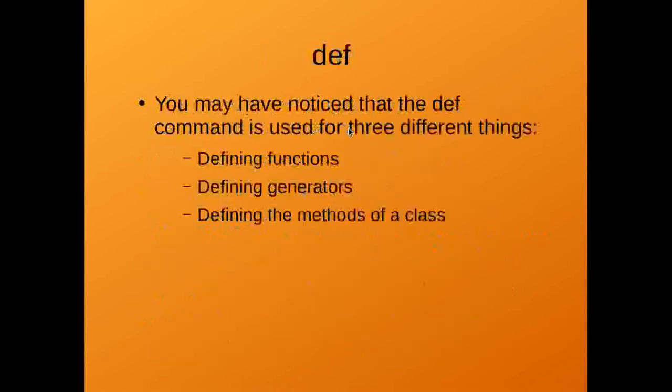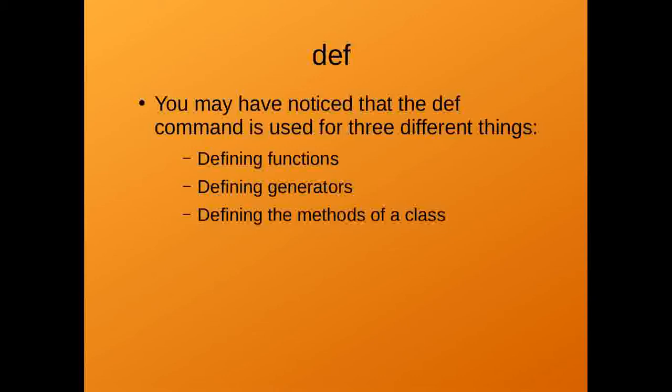You may have noticed that in Python, def is used for 3 different things. It's used for defining functions, it's used for defining generators, and it's used for defining the methods of a class. The only real difference between functions and generators is that in functions you tend to use return, and in generators you always use yield.